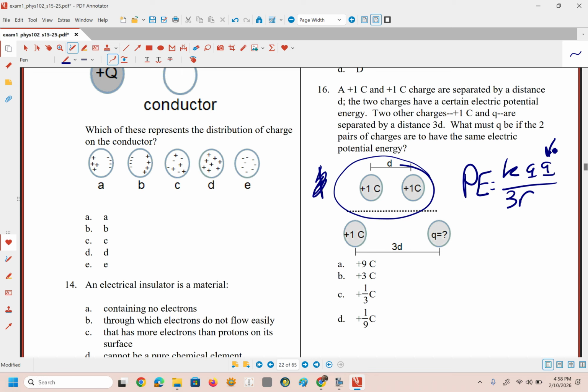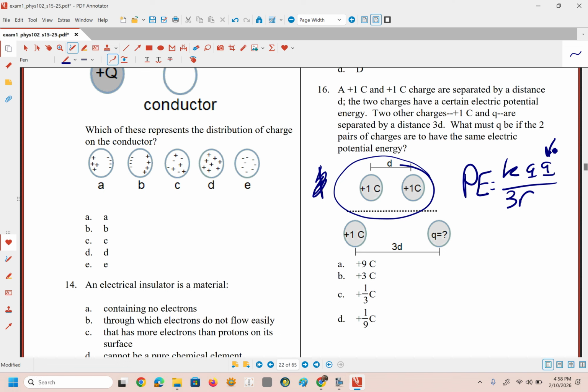Well, I triple the distance, so I have to triple this charge. So whereas I have 1 coulomb here, now I have to have 3 coulombs. I have to have triple because I tripled the distance, and it's an inverse linear relationship.